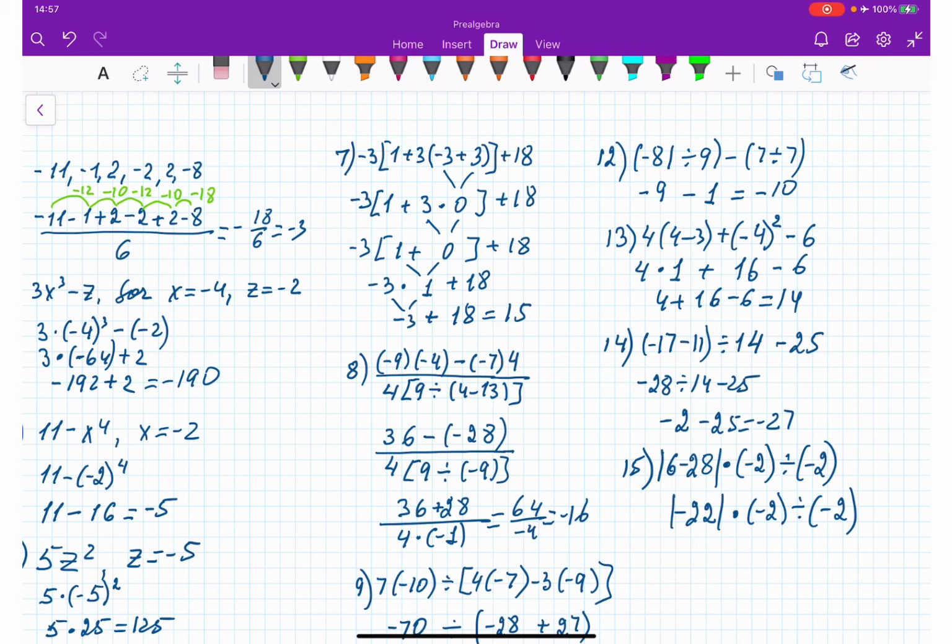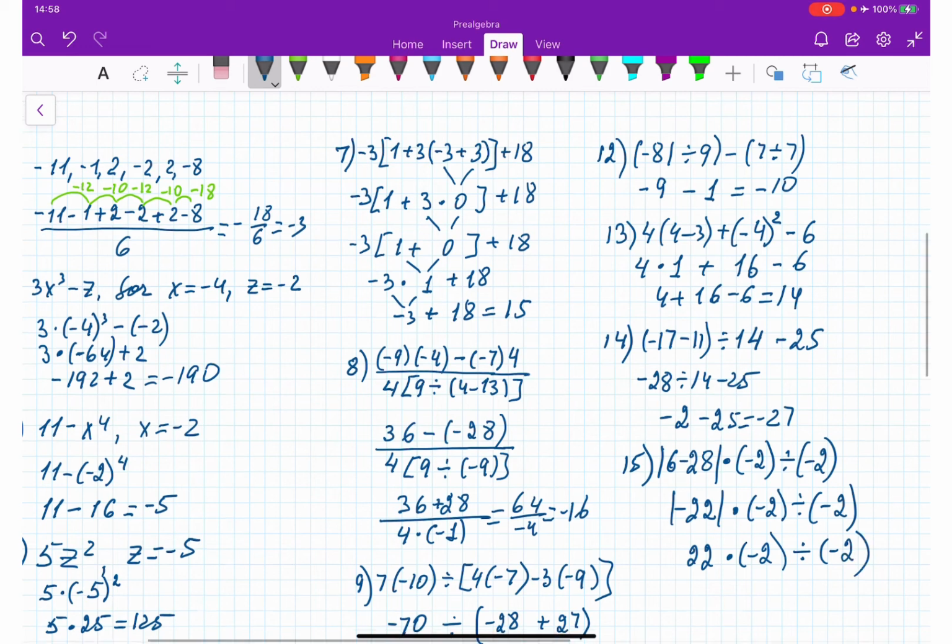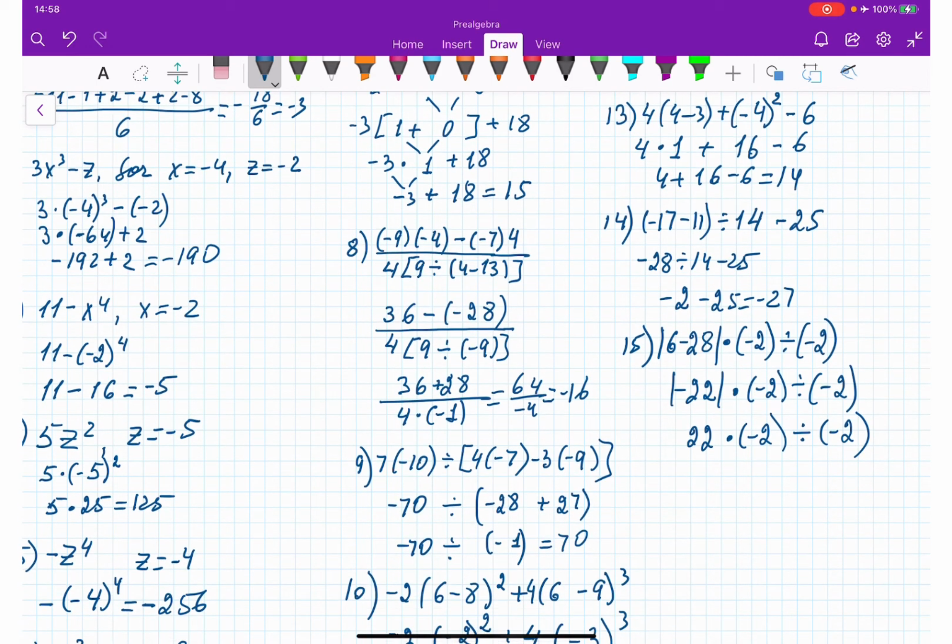I can't do this division unless I multiply first, okay? Do multiplication. So negative 22, absolute value, is going to be positive 22 times negative 2, which is negative 44, and divided by negative 2. And the answer is positive 22.